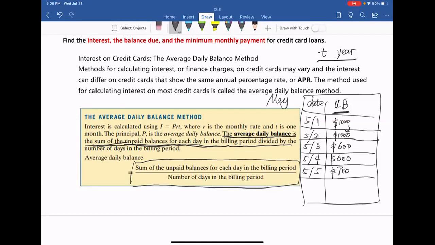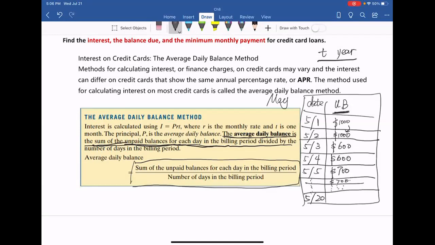Then for many days, you didn't make any payment or buy anything until May 20th, so in these days you have a 700 unpaid bill.